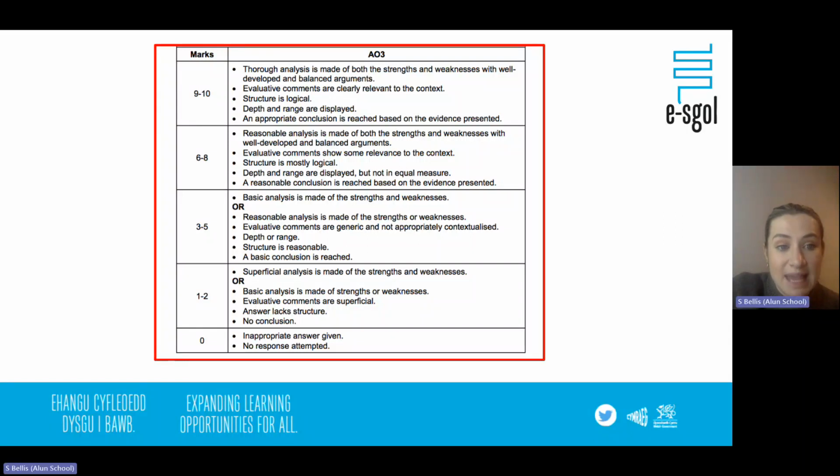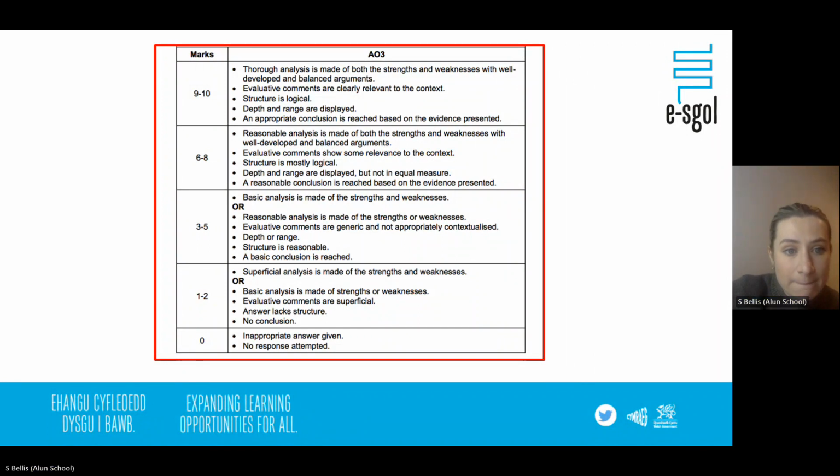Then we've got 6 to 8. Reasonable analysis is made of both strengths and weaknesses with well-developed, balanced arguments. So you need to be able to talk about strengths and weaknesses. If you can only remember strengths, that's good, but it doesn't show range in your answer.